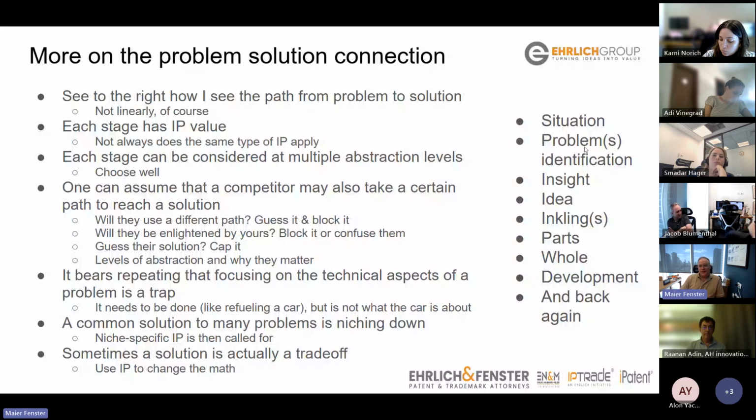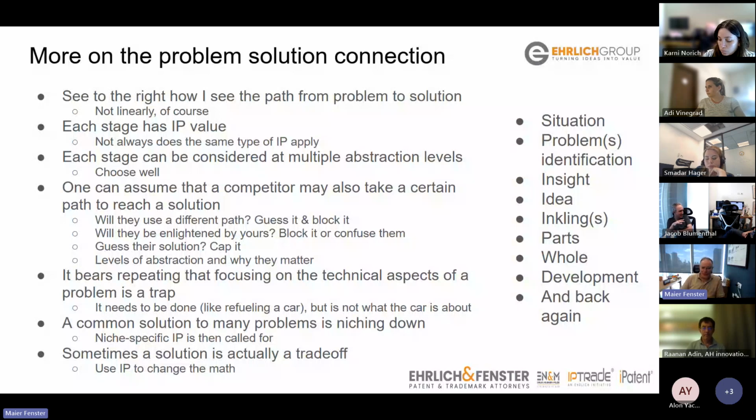Then you have some sort of idea about how that problem could be solved or taken advantage of. Then you have some inklings, some directions. Then you start putting together parts of the solution. Then you have a whole solution, and then you fix it up, and then you have to do the whole thing over again because of the usual reasons. It doesn't have to be linear, but it's a more nuanced view of the parts.